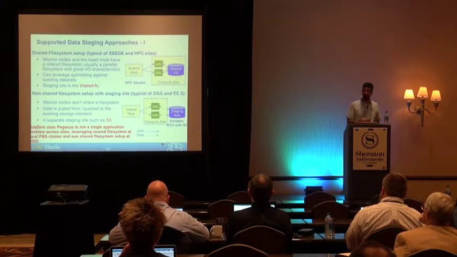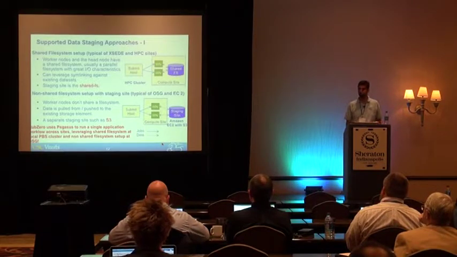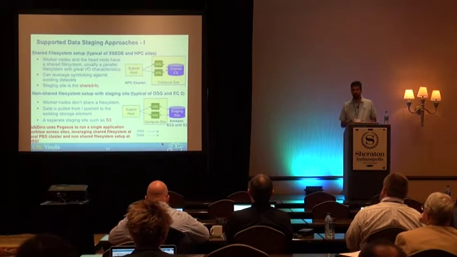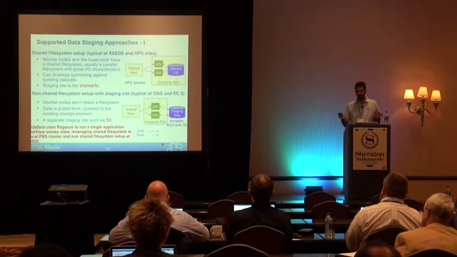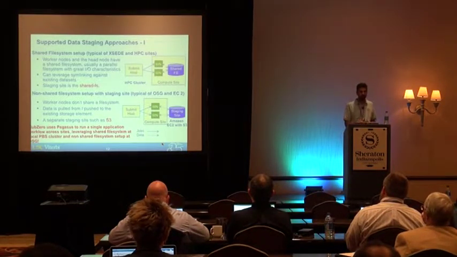Or on the other extreme end, there's not a shared file system between the nodes. For example, if you have heard of Open Science Grid, then in that particular case, a variety of clusters are tied together into a large computational grid, but they don't have a shared file system set up across the nodes.